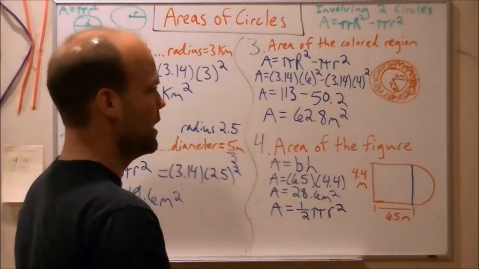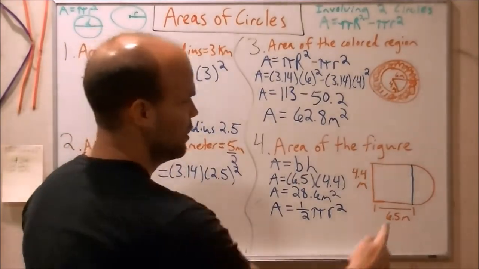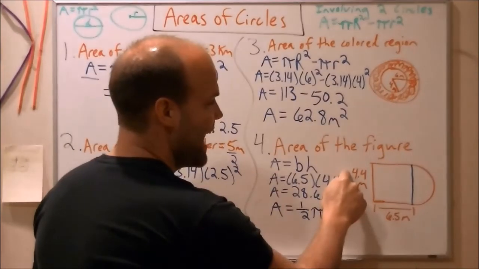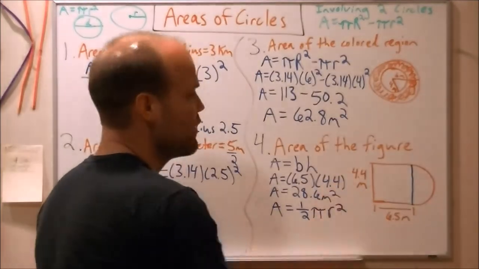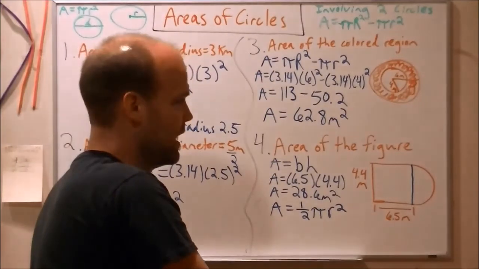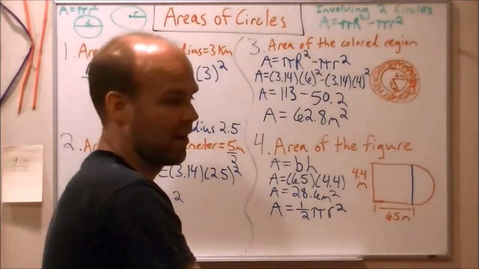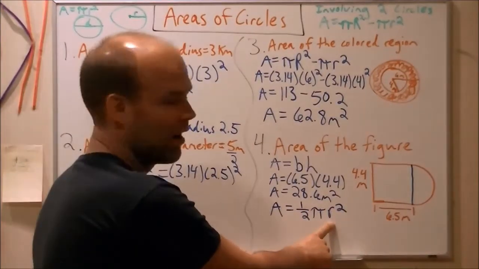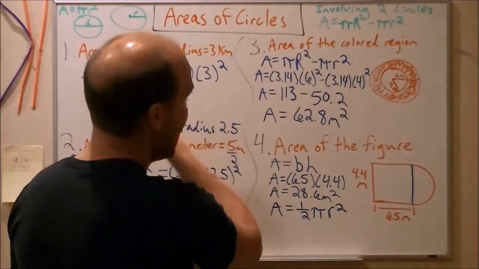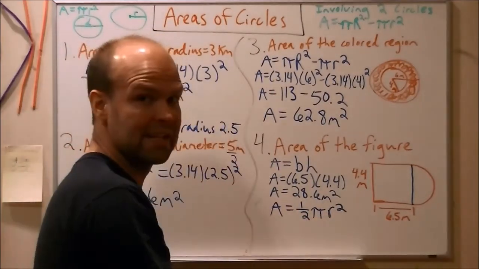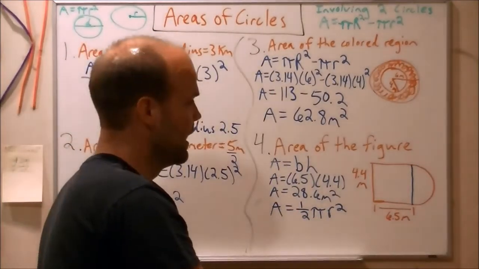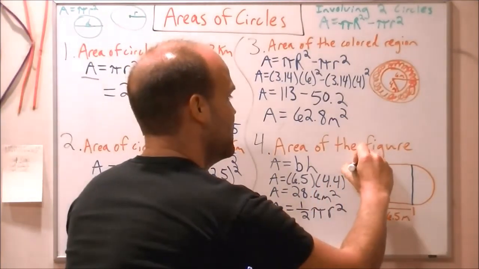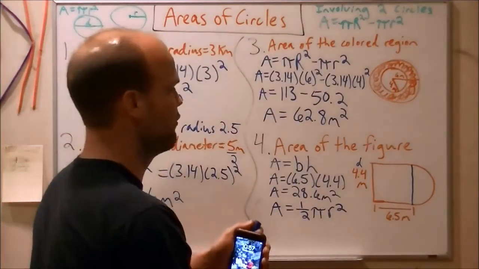What do I know the radius of this circle is? Look, the distance from one side of the circle all the way to the other side, I know from this shape to be 4.4 meters. Now that's the distance all the way across. Listen up. I'm not trying to find the distance all the way across. I'm only trying to find the distance halfway across, which is my radius, which is key for my formula. And so, for my radius, this is my diameter, 4.4.